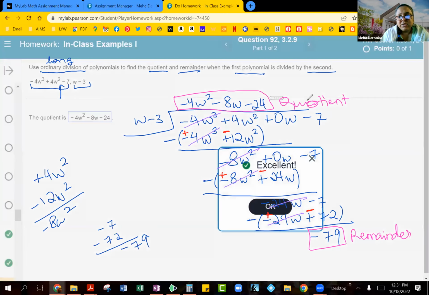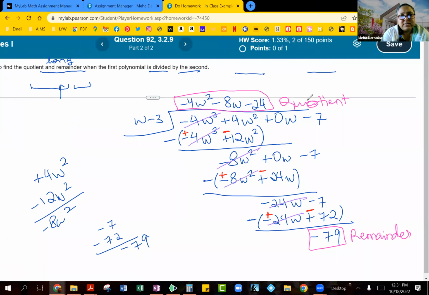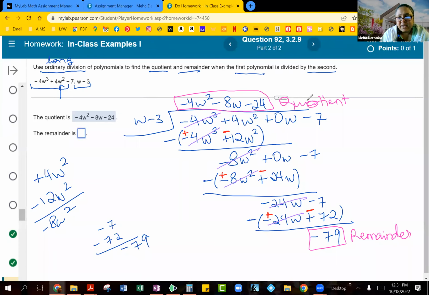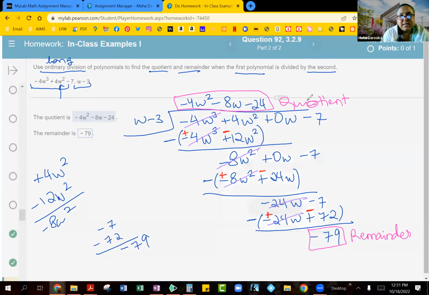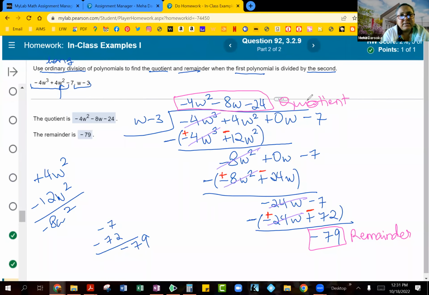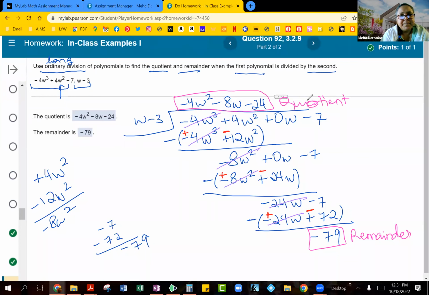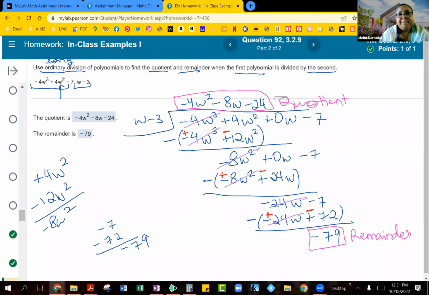So that's the quotient. That looks good. And then remainder was, of course, negative 79. And that looks good too. Anybody have a question on this example here?